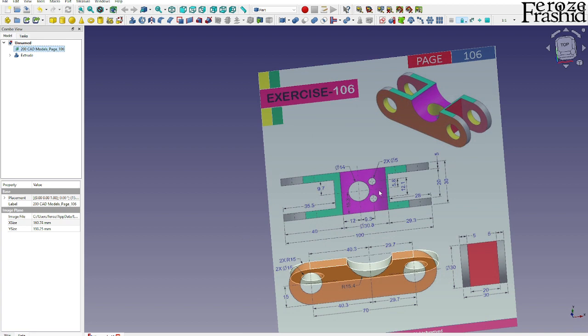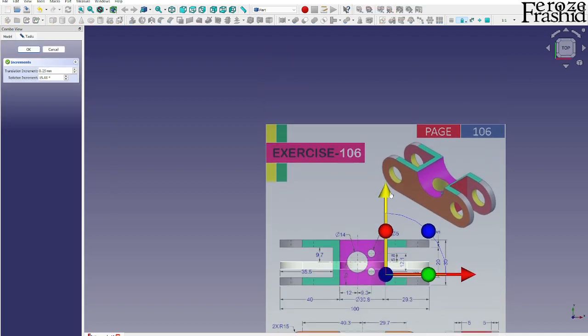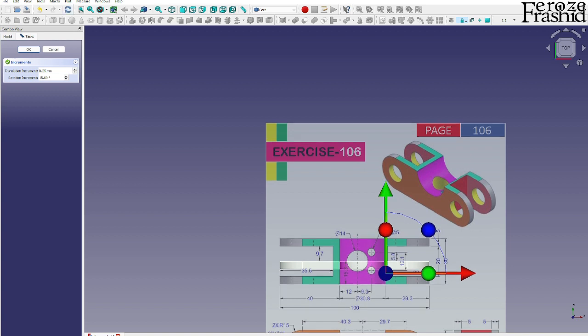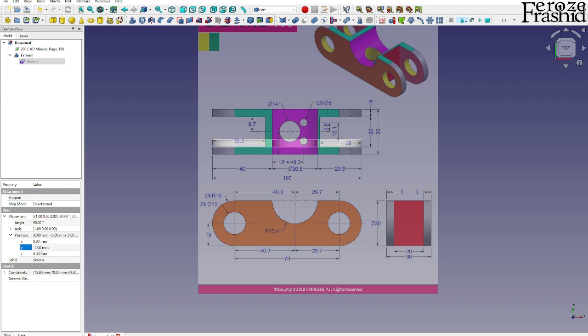I want to transform it to its supposed center. Now I want to move this wall back here, so let's take this sketch and place it in the y direction, so -10.